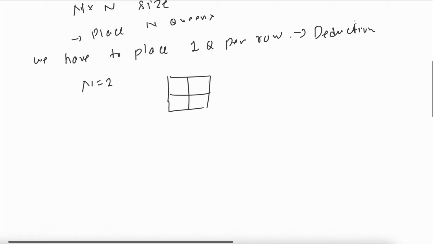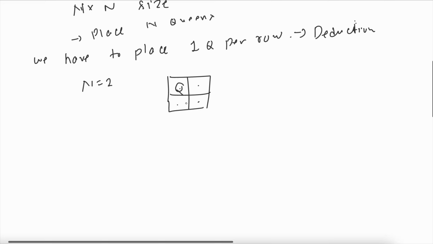Let's say n equal to 2. What will happen in n equal to 2? Initially the whole chessboard would be blank. First I will place Q here, in the first blank. Then for the second row, can I place it here? Can I place it here?